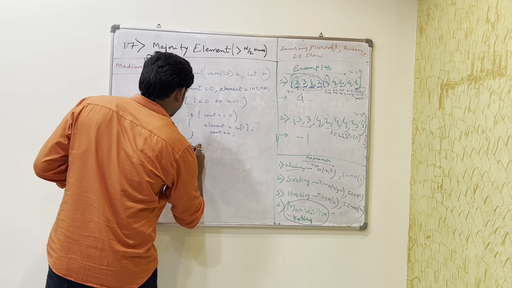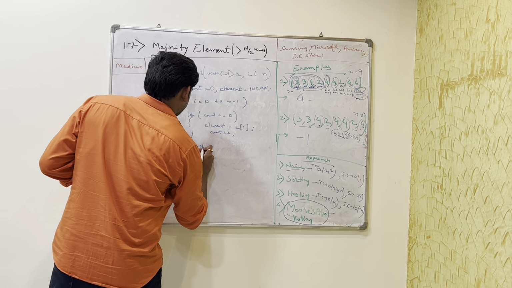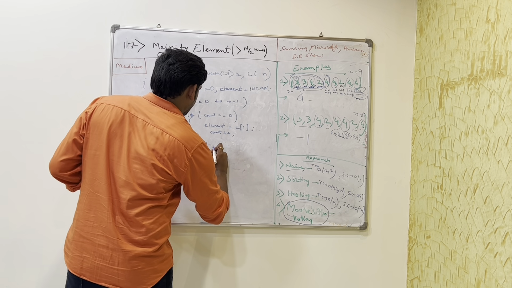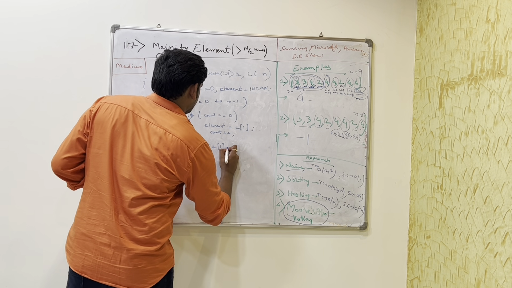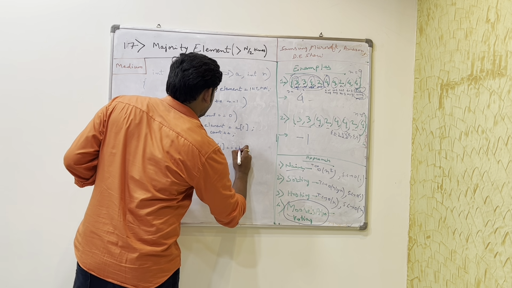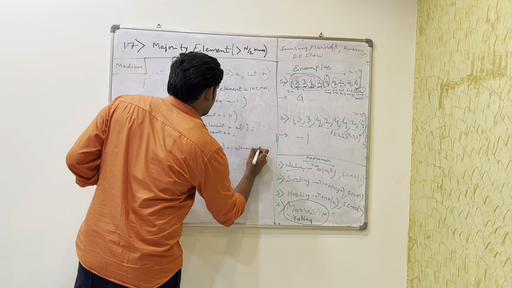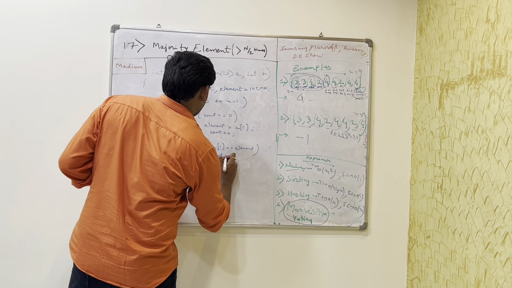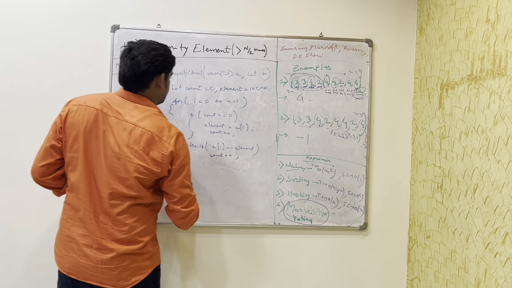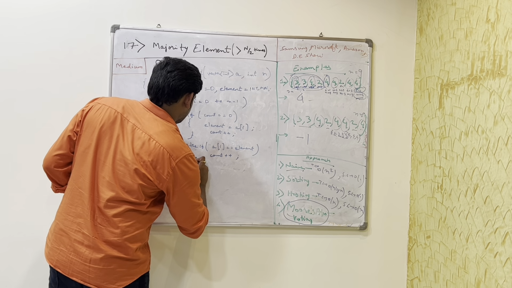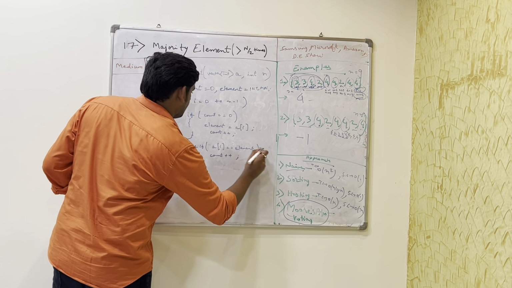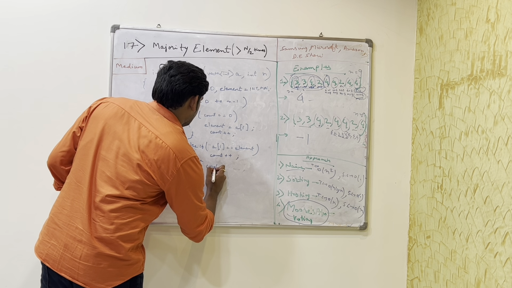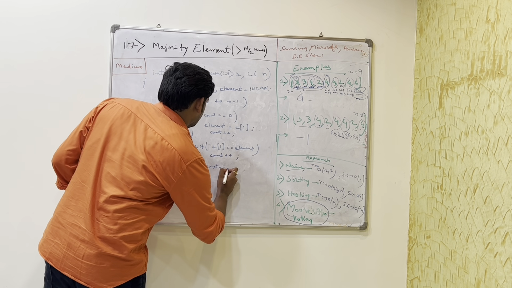Else if A[i] is equal to element, then we will increase the count, count plus plus, right? Else, if it is not going to be there, then we will decrease the count, right?